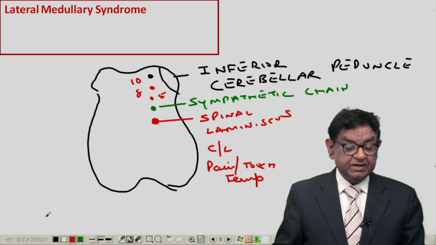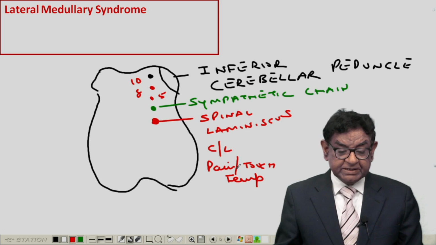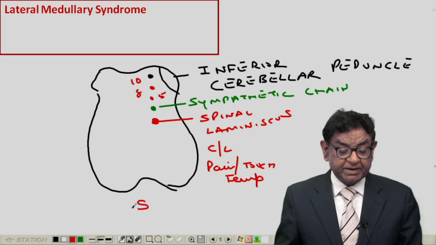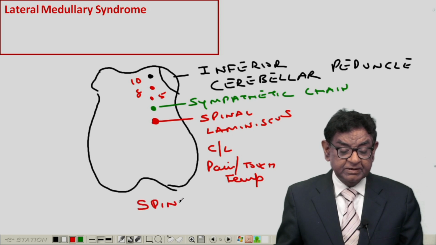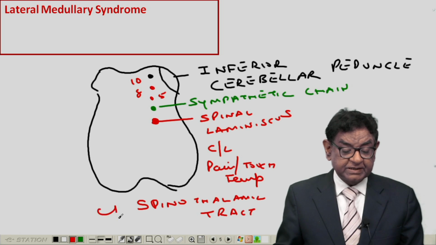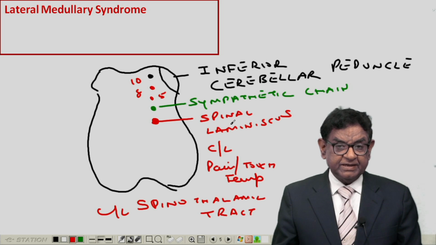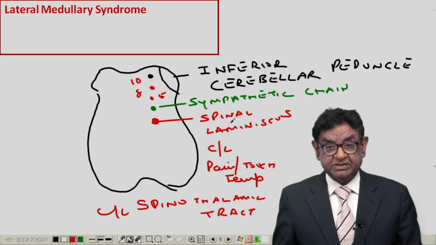In fact, we all know that contralateral pain, touch and temperature are carried by the spinothalamic tract of the contralateral side. In fact, the same fiber, when it enters the brain, the name changes to spinal lemniscus.